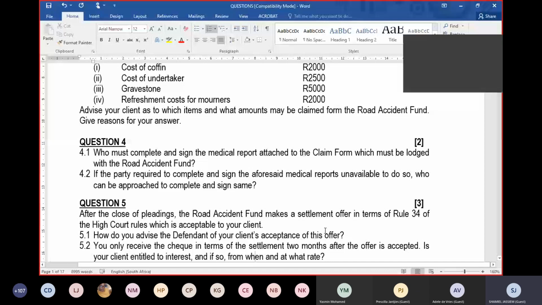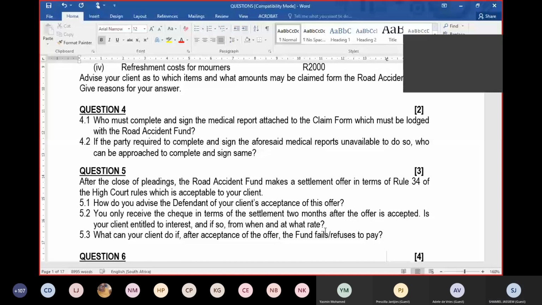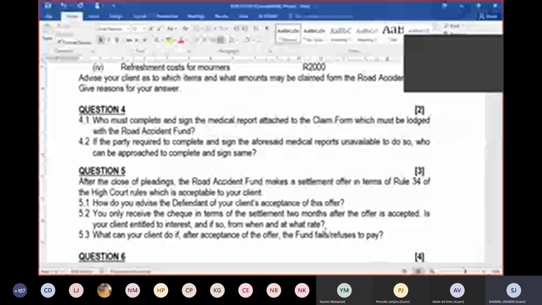After close of pleadings, the RAF makes a settlement offer which is acceptable to your client. So the RAF makes a settlement offer. 5.1. How do you advise the defendant, the RAF, of your client's acceptance of the offer?